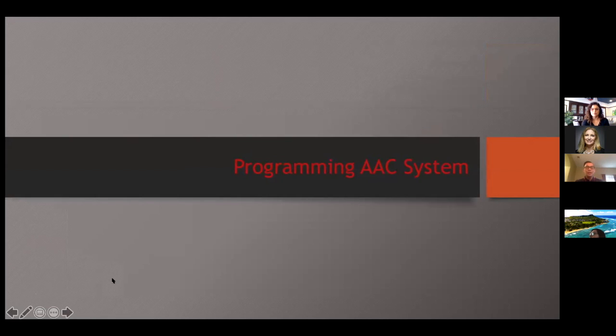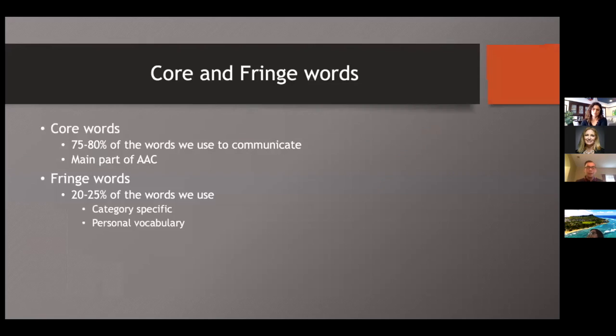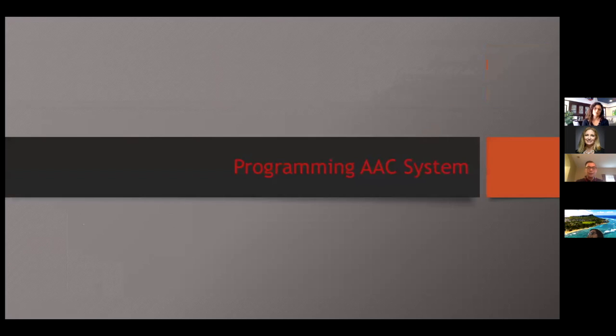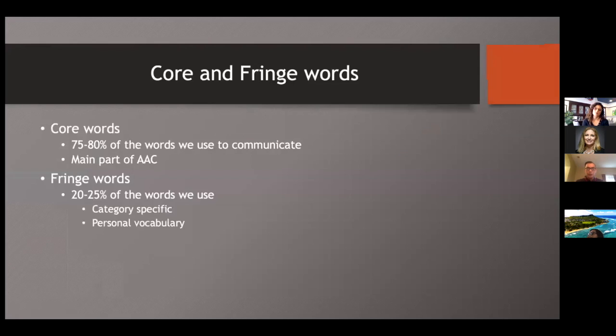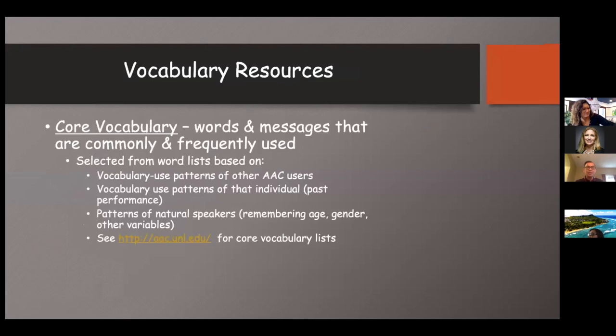Okay. So again, we're not going to do hands-on programming, but when you are thinking of programming an AAC system, make sure these are really important things to consider. So your core words and fringe words, right?